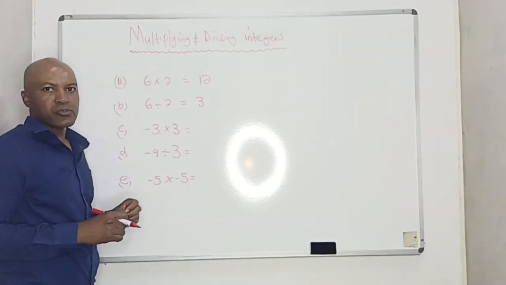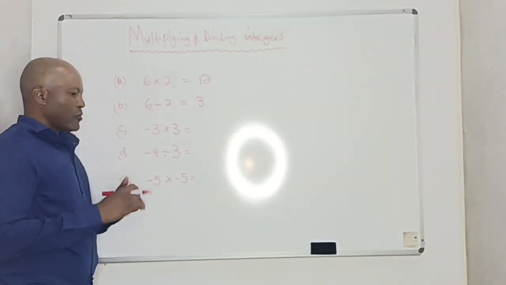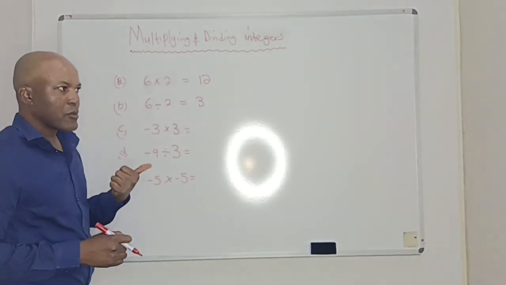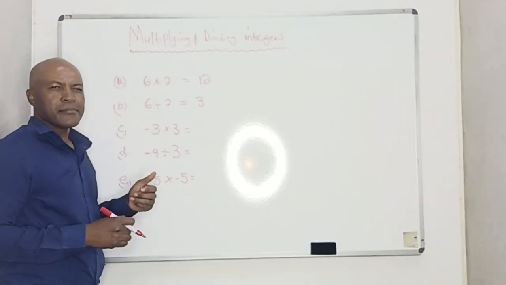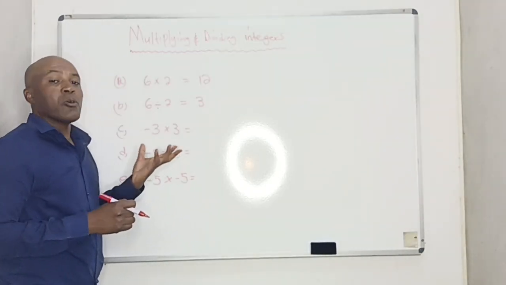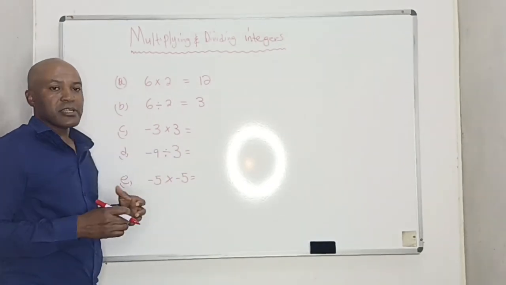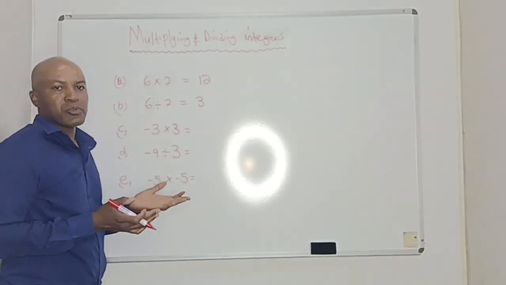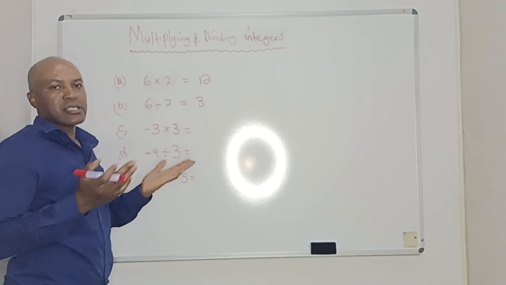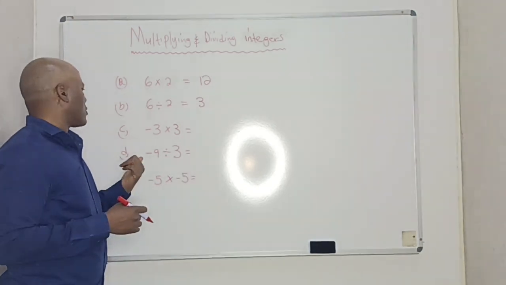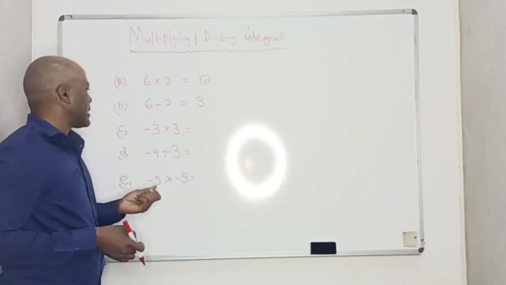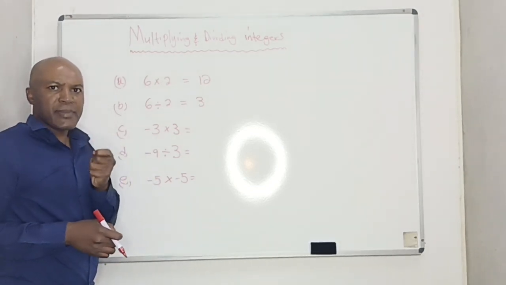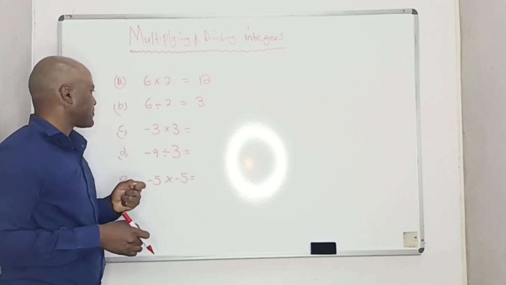How many negatives do you have? So for example, if the total is an odd number, let's say you're counting them and find an odd number, for example, your answer is 1 or 3 or 7 or 9, then your product must have a negative sign.